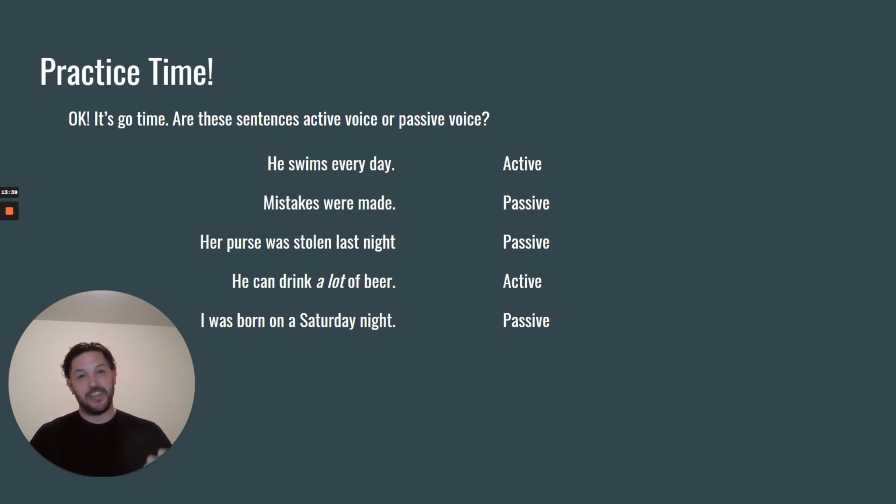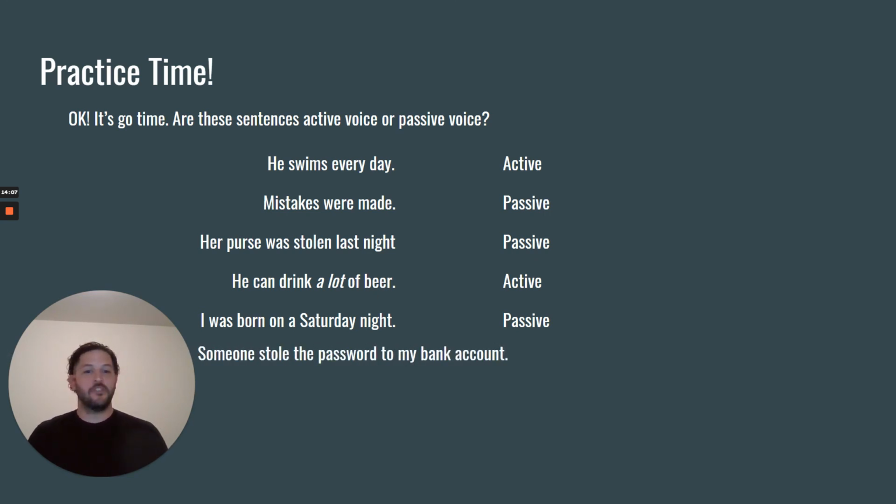The verb in this sentence comes from the verb to bear, which means to carry. Bear, bore, born. So I was born on a Saturday night means that's the time you were born. Who bore you? Well, it was your mother. So we have actually removed the mother from this expression in English.